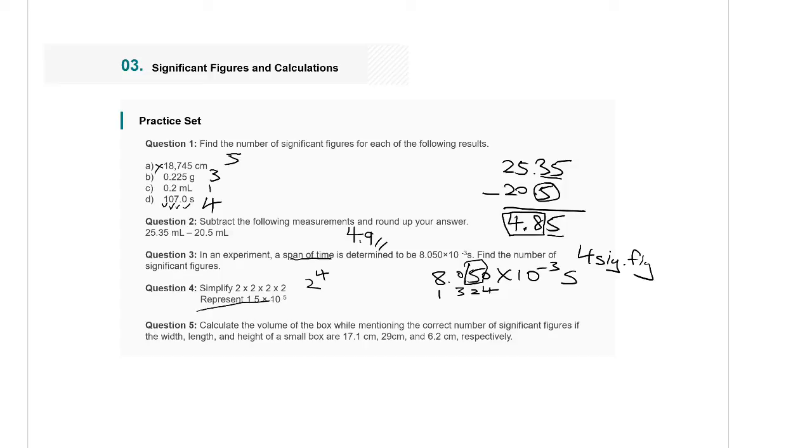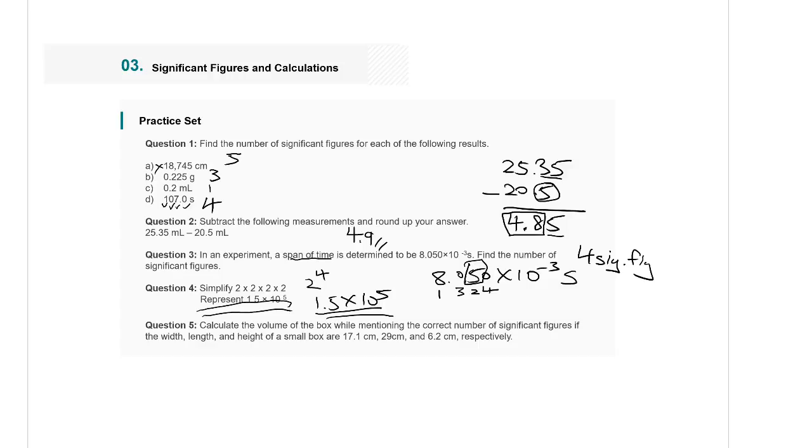I don't really know what they want to show here, because for 1.5 times 10 to the power of 5, we use something called scientific notation. It's a short form for showing a really large number. I believe it's a really good representation when you're doing experiments and also in chemistry. Okay, we can move on to question 5.